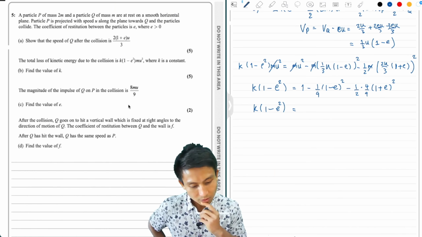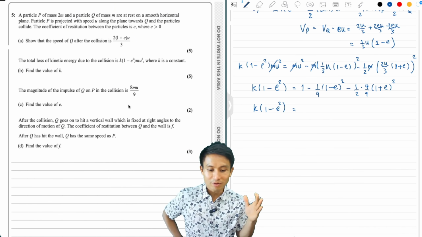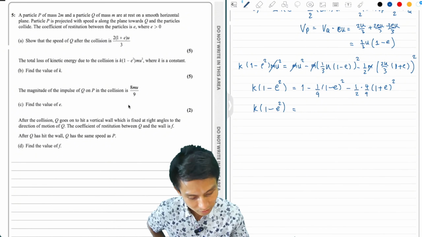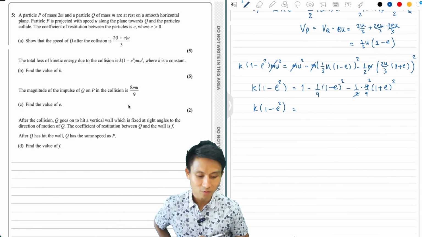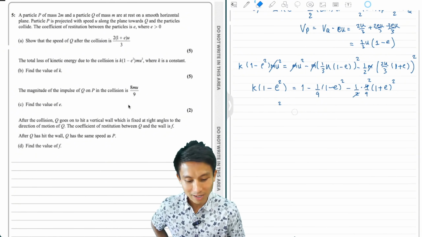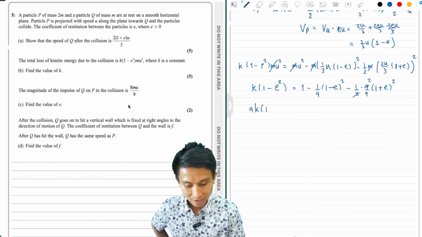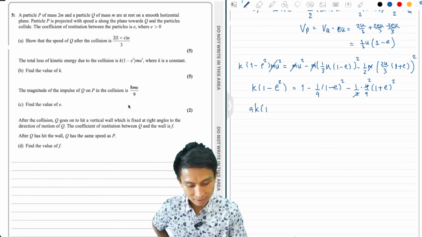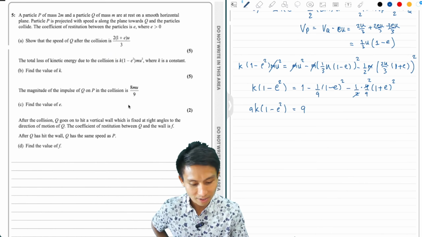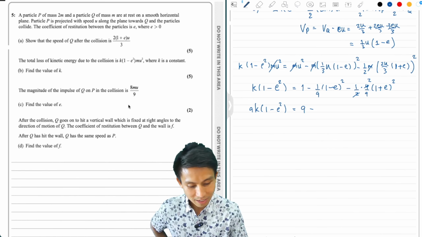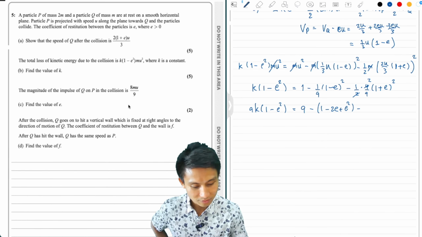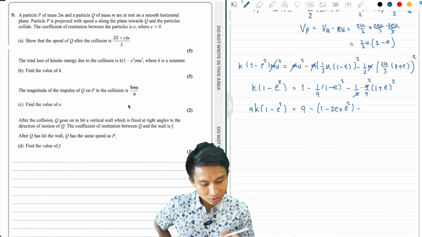Okay, well, how about I multiply everything by 9, all the terms? You see you have 2 here also canceling with 4 there. So I get 9k(1 minus e squared) equals, so 9 also have to multiply 1 there, and 9 will cancel that. And I'm going to expand (1 minus 2e plus e squared) here as well. 9 also cancel with that.